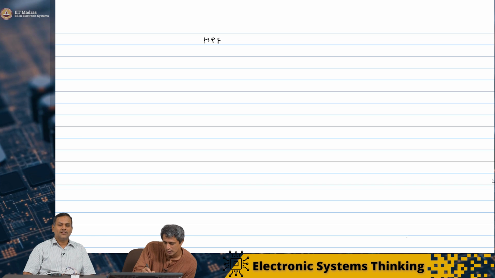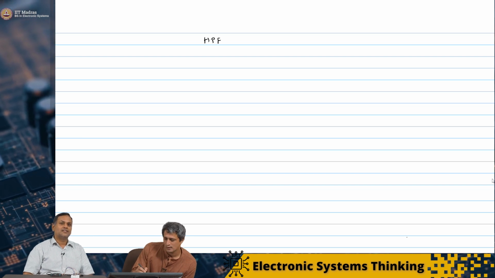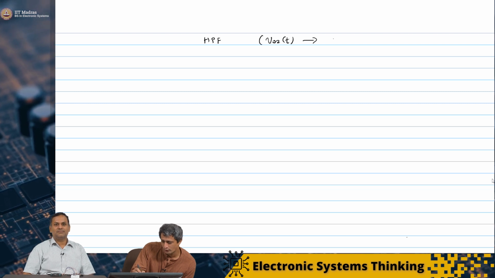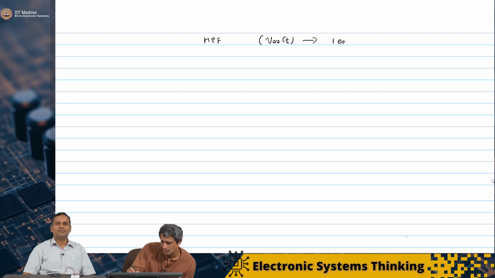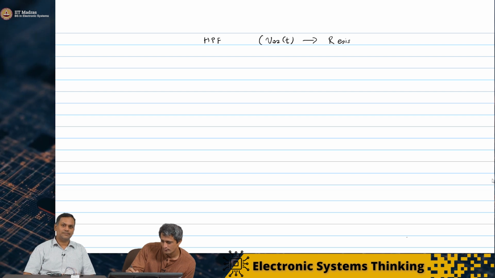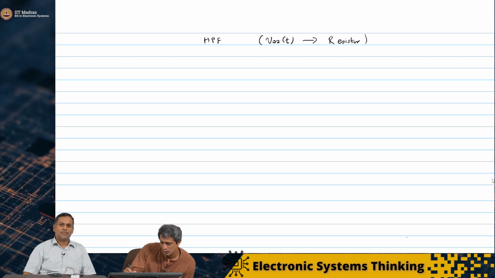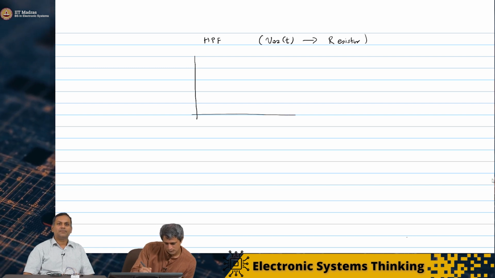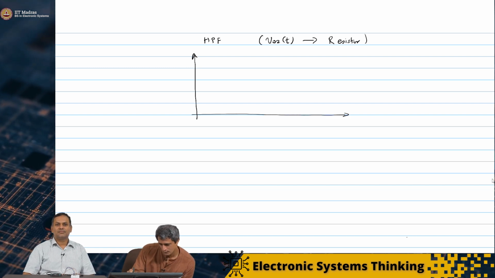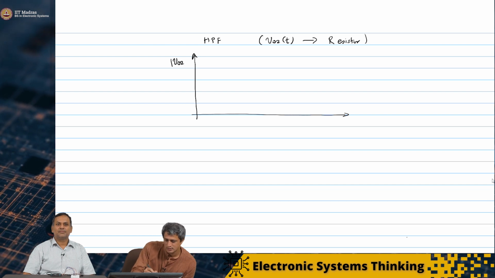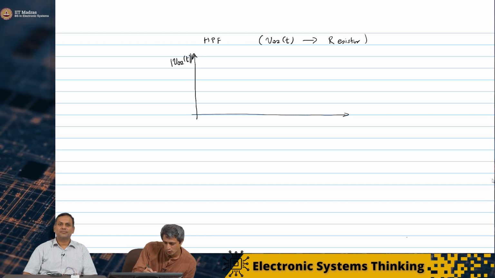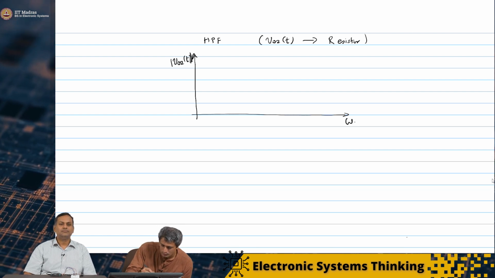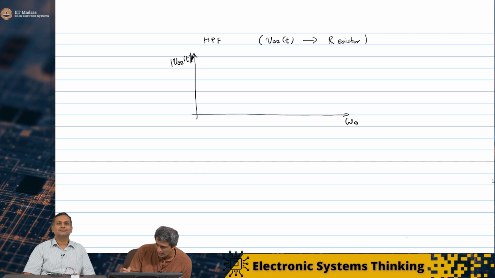So let's look at the HPF, and we are going to look at V O2 of t, which is across the resistor. This is mod of V O2 of t as a function of omega naught.